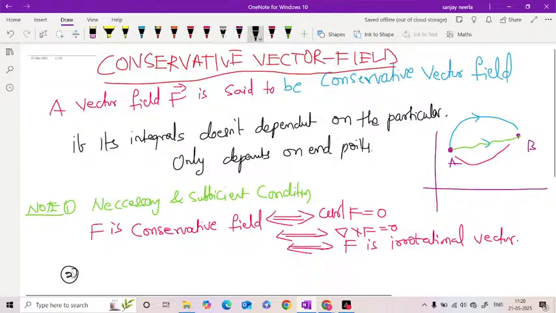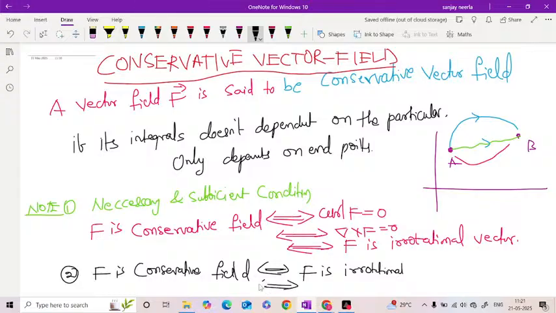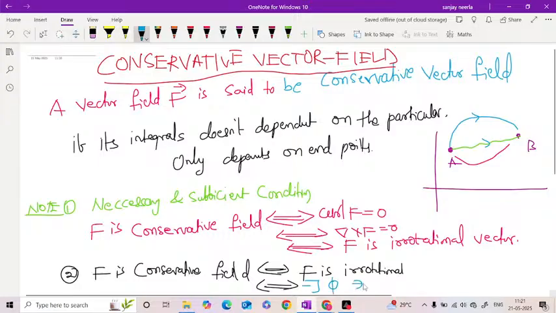Or one more point here: according to this, if it is a conservative field, and irrotational means F is an irrotational vector, if and only if there exists a pi such that F is the gradient of pi.